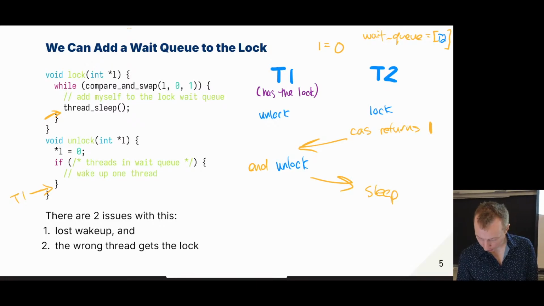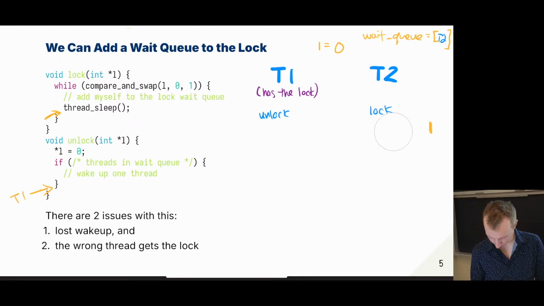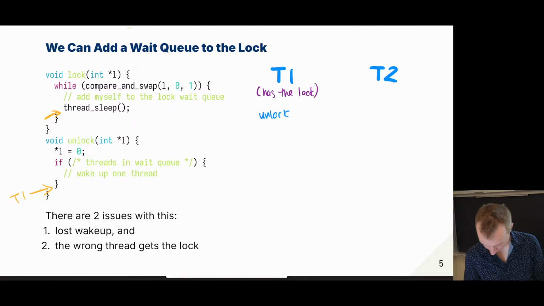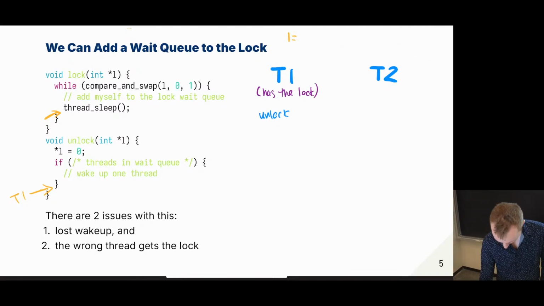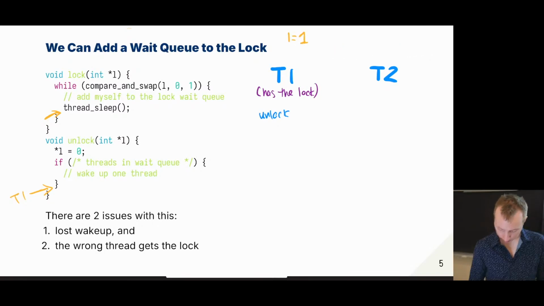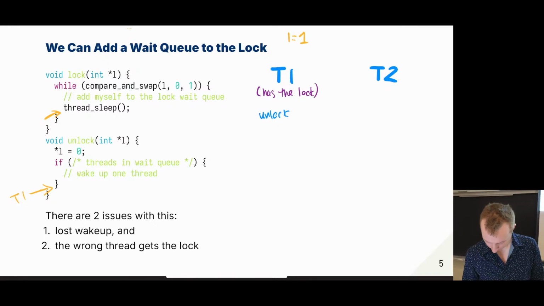So for some more practice, let us see if we can do the other situation where the wrong thread gets the lock. As a bit of a hint, I'll say that thread 1 has the lock again, and then we have some other threads. So we have thread 2, and we have thread 3.